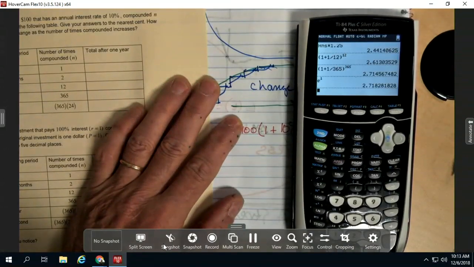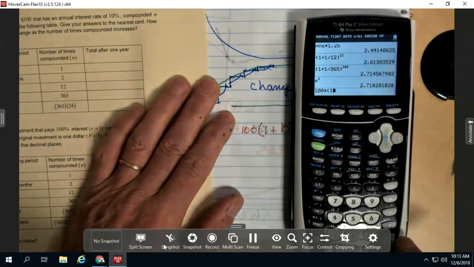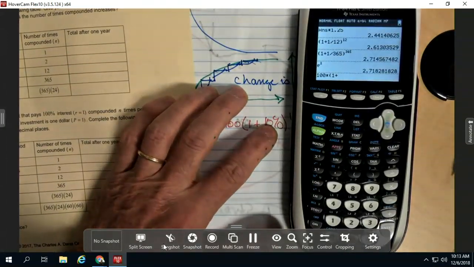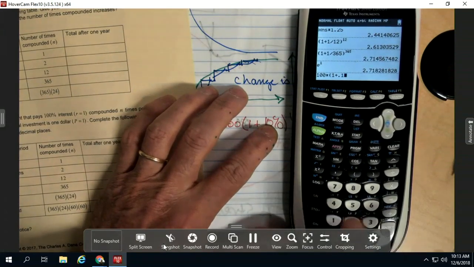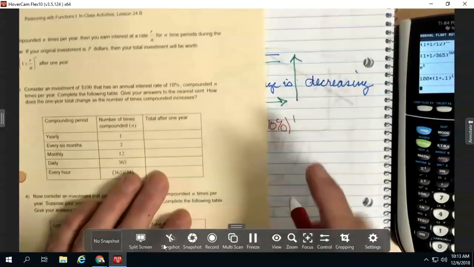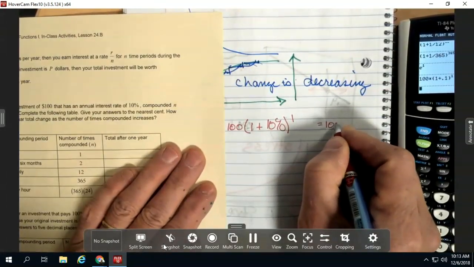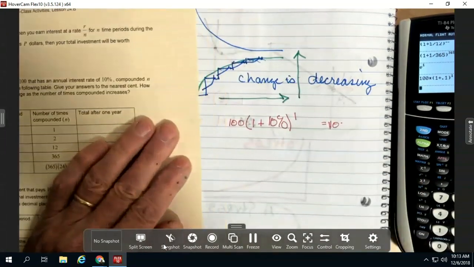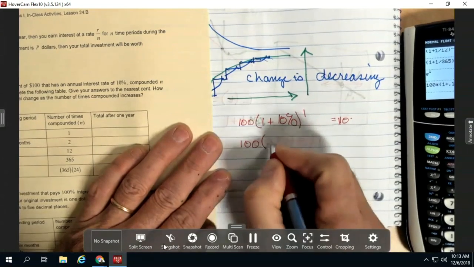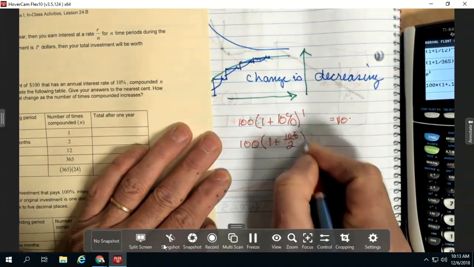So, $100 times parentheses 1 plus, how would we write 10%? 0.1, to the first, and we get $110.